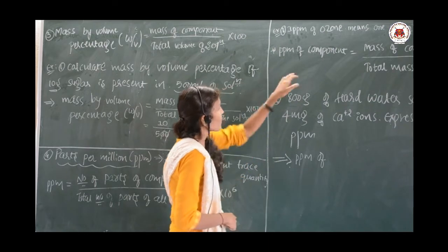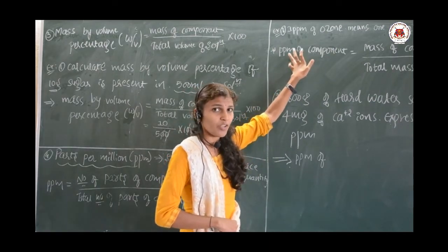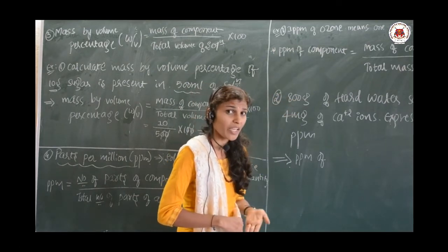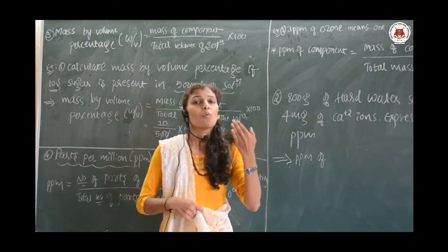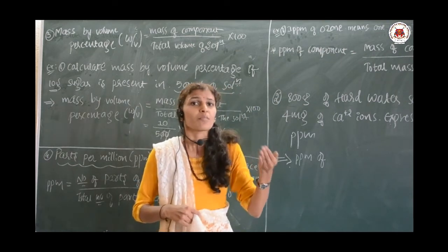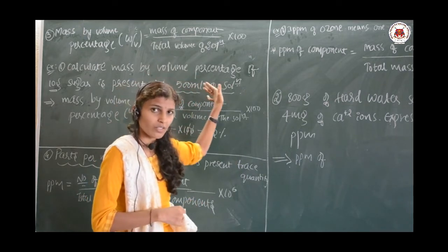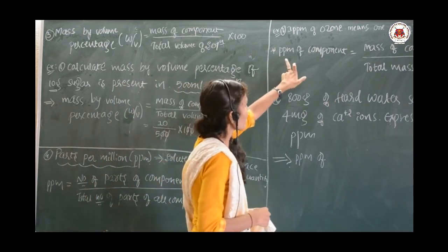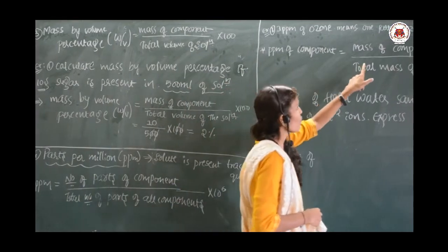So let us see. Suppose the ppm, that is parts per million, of a component can even be expressed in terms of mass percentage, volume percentage, mass by volume percentage, as I said previously. Okay. So if I go on expressing the parts per million in this pattern, what will be the formula?